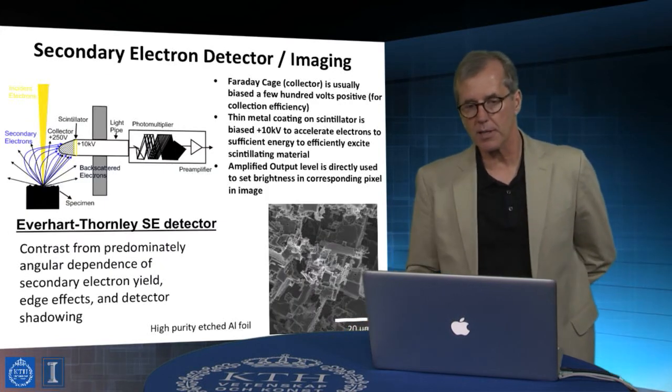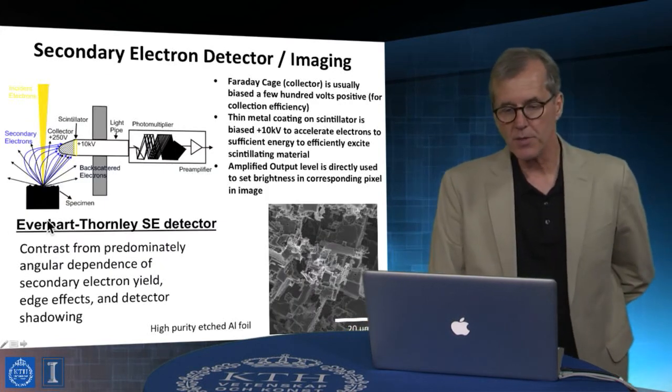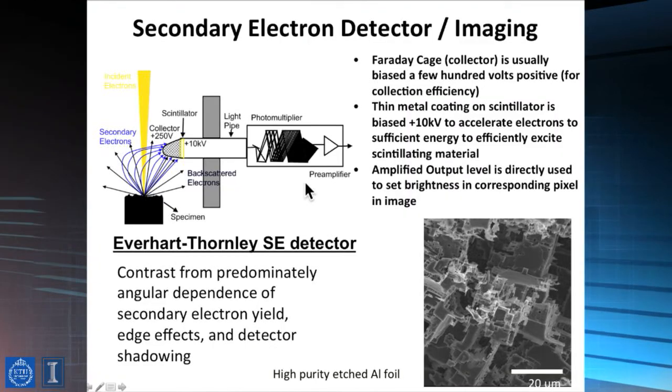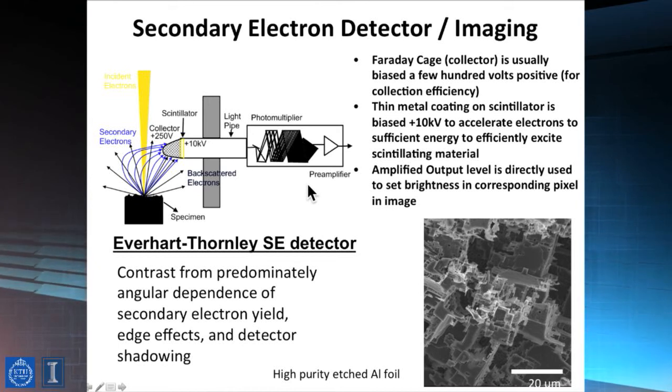So how do we detect secondary electrons? Actually, it's a fairly simple detector, which allows us to pick up electrons emerging from the sample from a variety of different emergence angles.